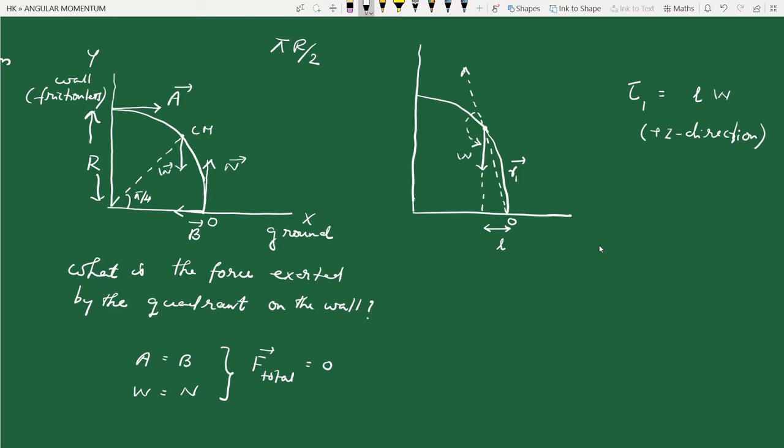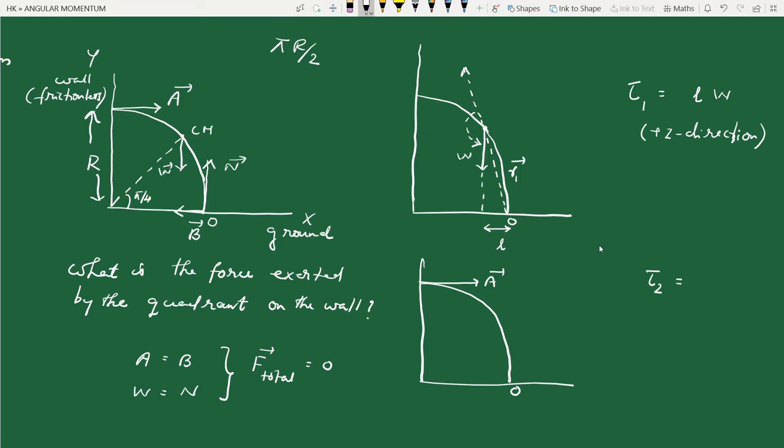Now consider the second force, which is A. So again I am redrawing. This is the force A, and this is our origin. First of all, what is the magnitude of the torque? Let's call it tau 2.